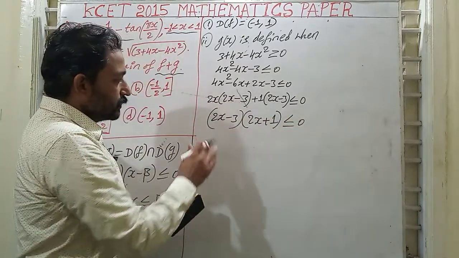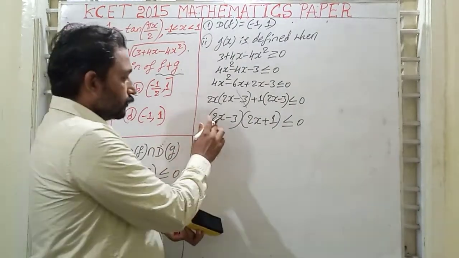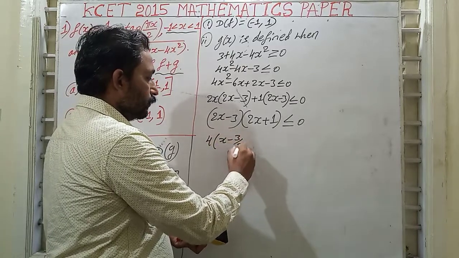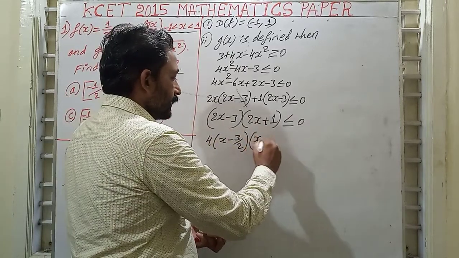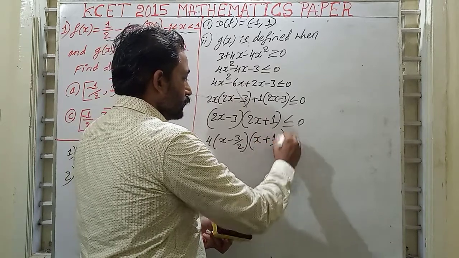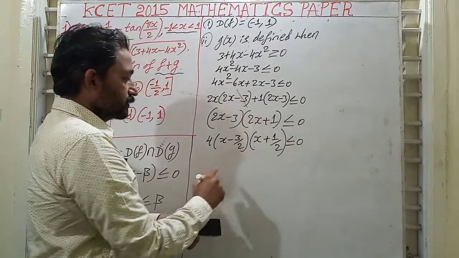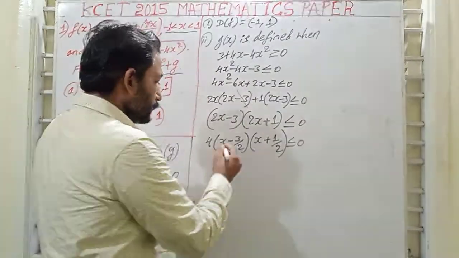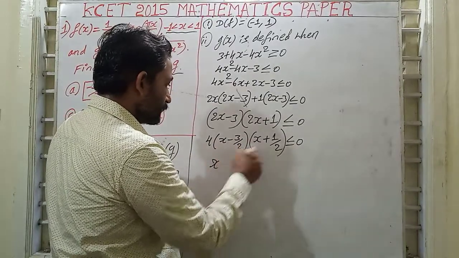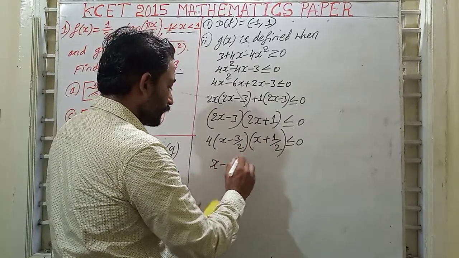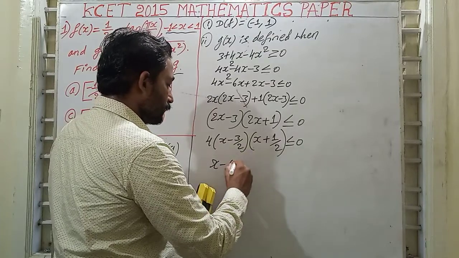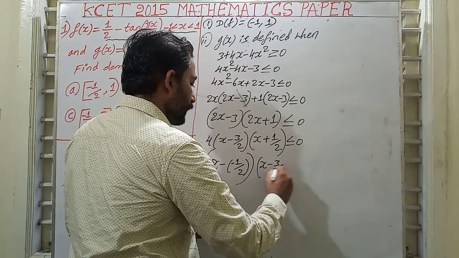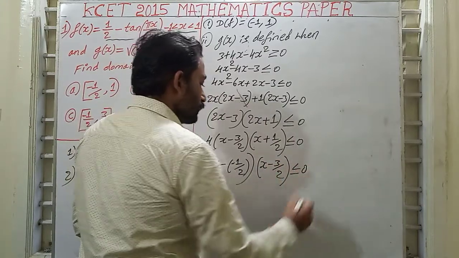In both terms take 2 outside common, 2 times 2 is 4, it becomes x minus 3 by 2 and x plus 1 by 2 less than or equal to 0. Divide by 4 on both sides, the inequality does not change. So x plus 1 by 2 can be written as x minus of minus 1 by 2, and this is x minus 3 by 2, less than or equal to 0.